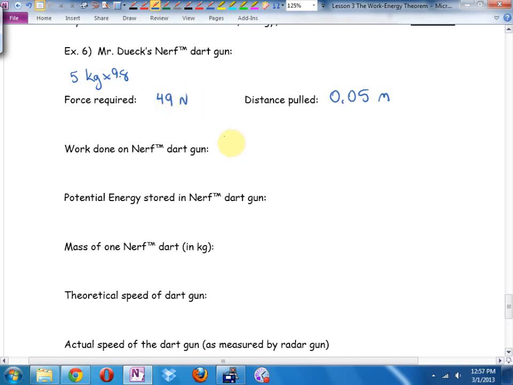So how much work did I do? Well, work equals force times distance. I'm going with that one because I have a force and I have a distance. 49 times 0.05. In theory, how many joules of energy did I store as potential energy in my little Nerf gun? 2.45.